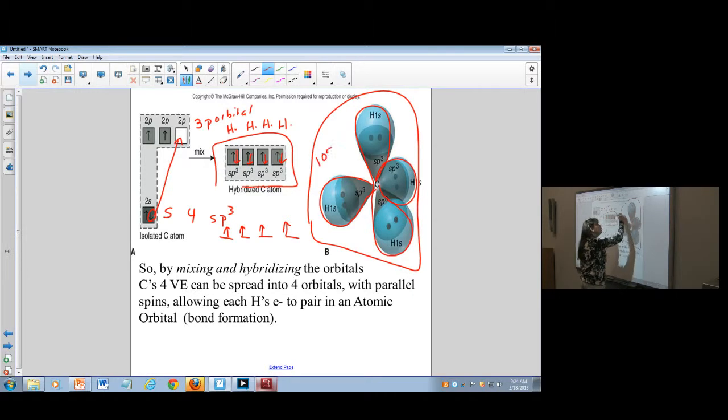Again, these are about 109.5 degrees apart, just like they would be under VSEPR. What I do want you to notice here is that this sp3 orbital, okay, doesn't have that shape that we might have expected for p orbitals, nor does it have the shape of the s orbital. All right, it has a slightly different shape.